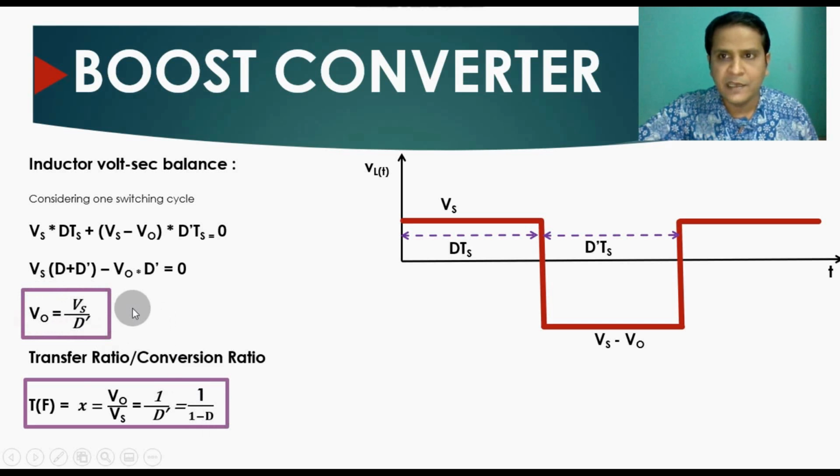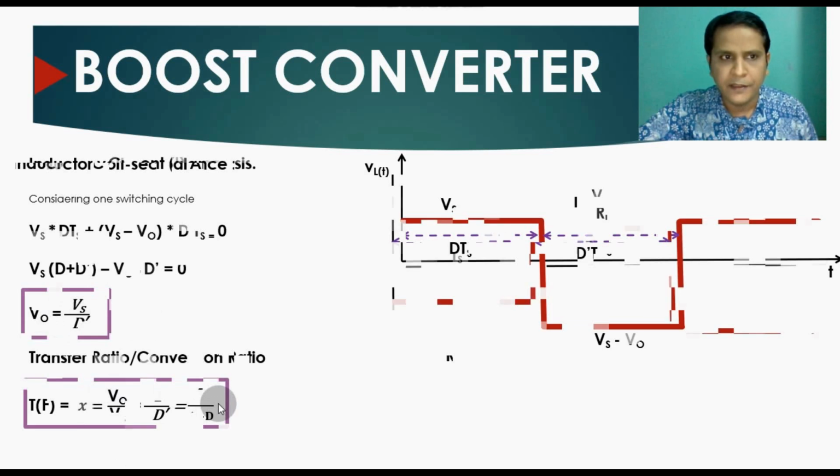That means if you have 12 volt at Vs and your duty cycle is 50%, 12 volt divided by 0.5, you will have 24 volt at output. Hope you understand the role of these two equations: VO equals Vs divided by D prime, and the conversion ratio X equals 1 divided by 1 minus D.